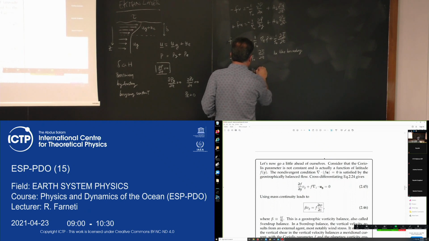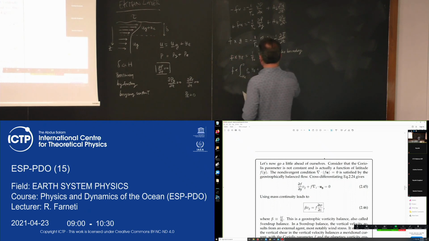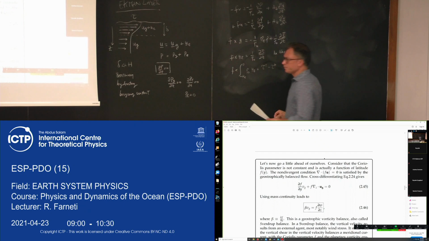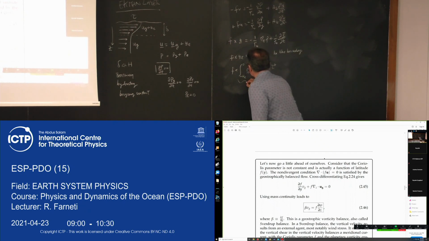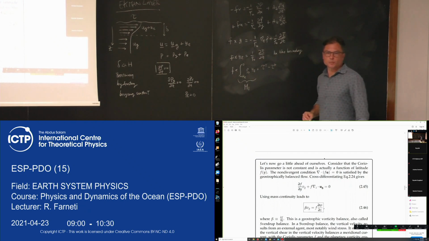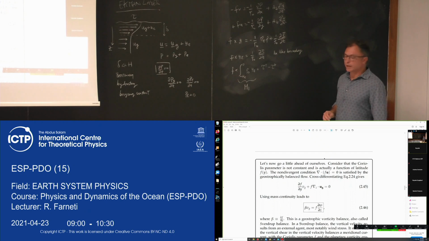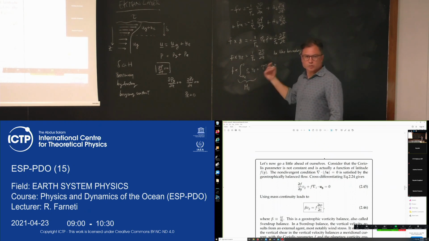Rho u Ekman, and if we integrate vertically here, this is tau at the top minus tau at the bottom. And this is what we're going to call M_E, the mass transport within the Ekman layer, multiplied by rho, so this is a mass transport.